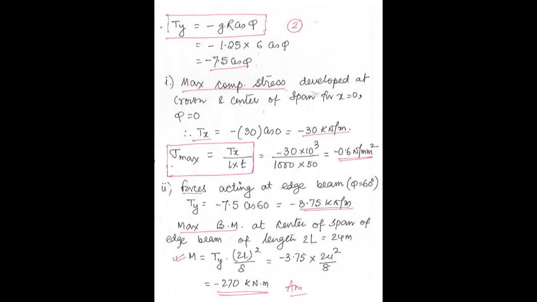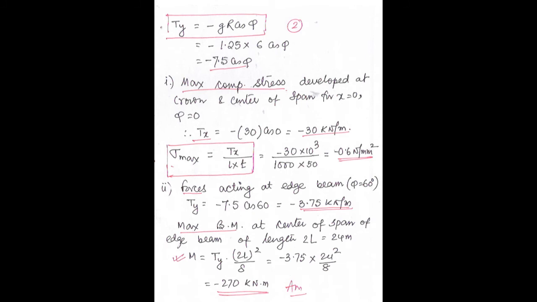Okay, now let us come to the question of finding the maximum stress. Maximum compressive stress will be developed at the crown and at the center of the span. So at the crown, the value of the semicentral angle phi is equal to 0 and the x coordinate is also 0.